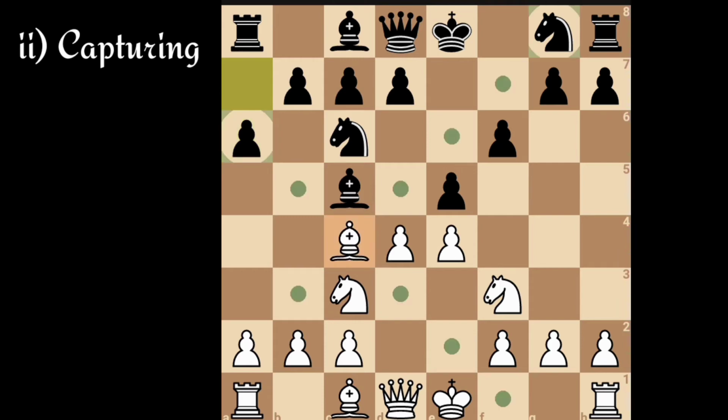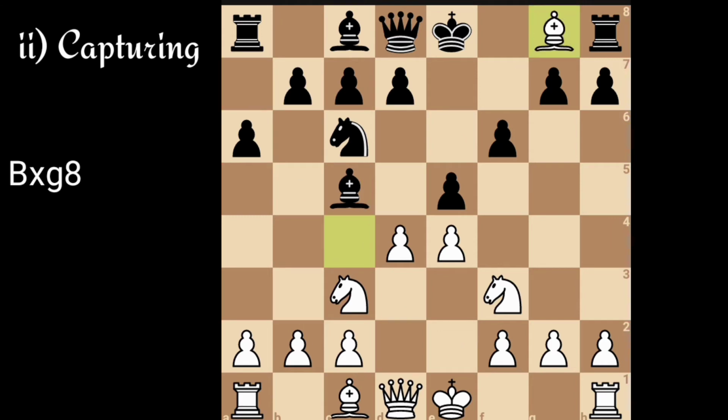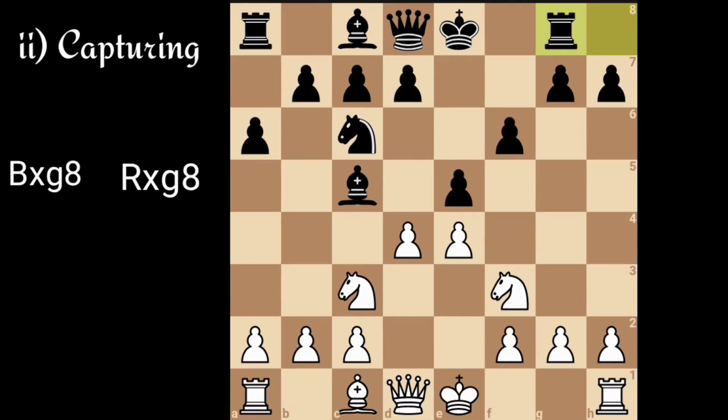For example, if the bishop captures the knight, it will be notated as Bxg8. Now, if black responds with rook takes, then it will be written as Rxg8. If the pawn captures, like the pawn on d captures the bishop, it will be written as dxc5.